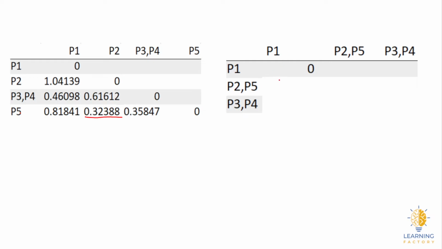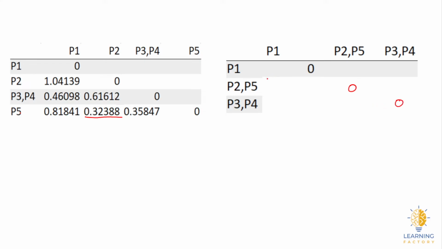So once again we need to update the distances in this new proximity matrix. So the distance between P1 and P1, obviously it is 0, P2, P5 obviously it is 0, and P3, P4 also it is 0.